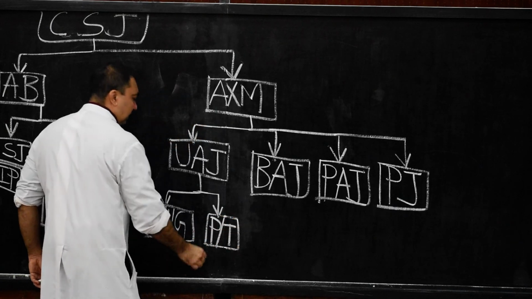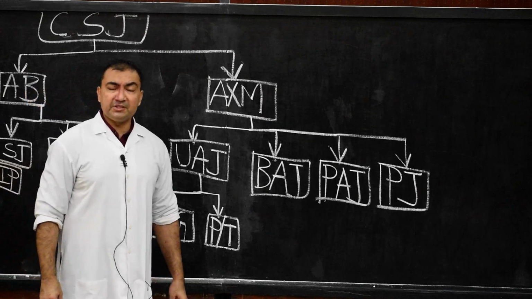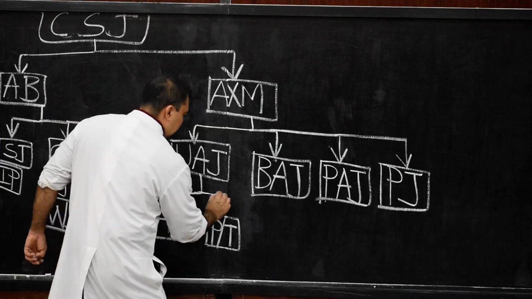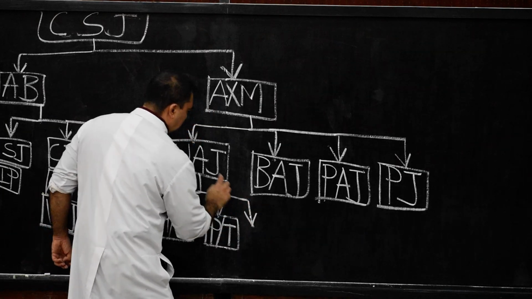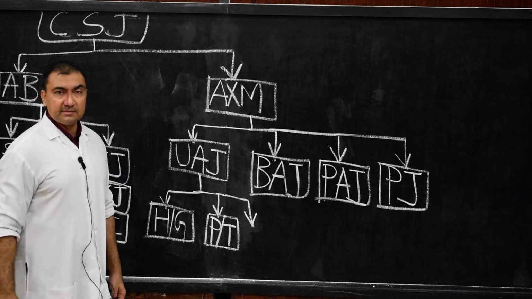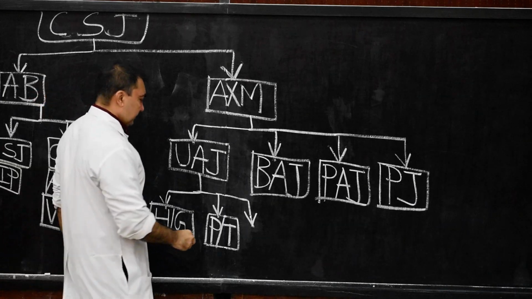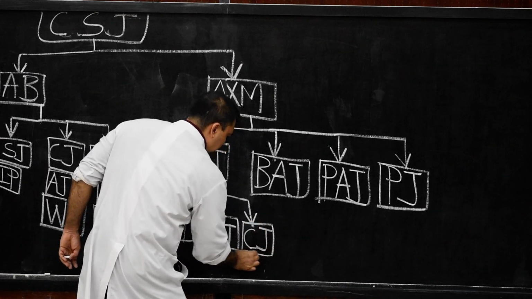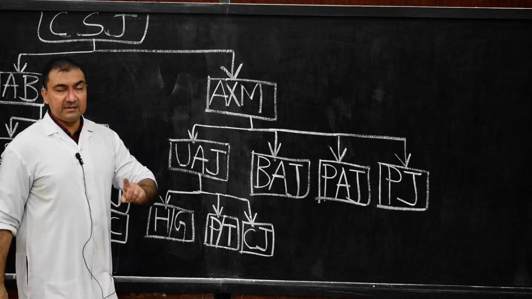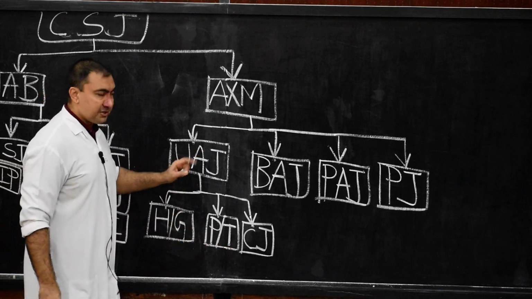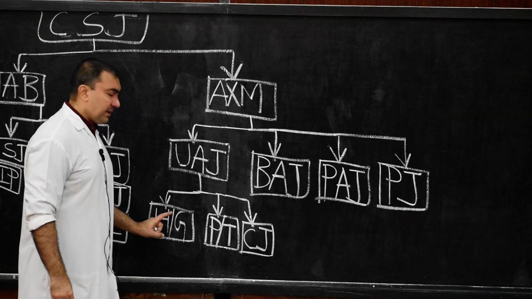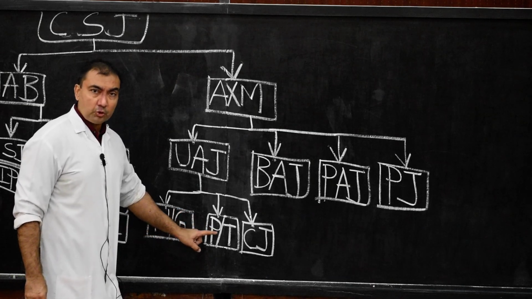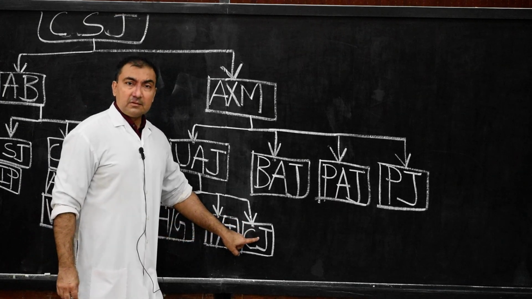This is also asked in question answers. Trochoid, T-R-O-C-H-O-I-D, is the other name of the pivot variety. And the third variety of uniaxial is the condylar joint. These are the three basic varieties coming under uniaxial: hinge joint or ginglymus, pivot joint or trochoid, and condylar joint.